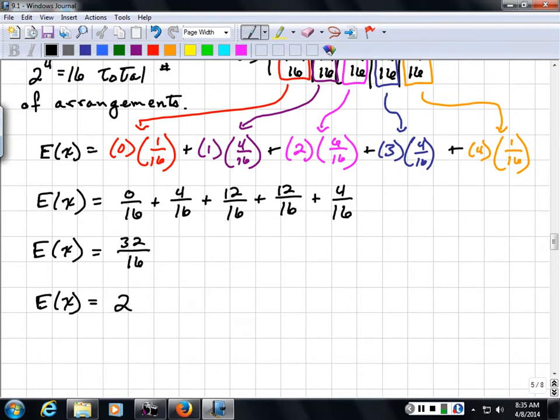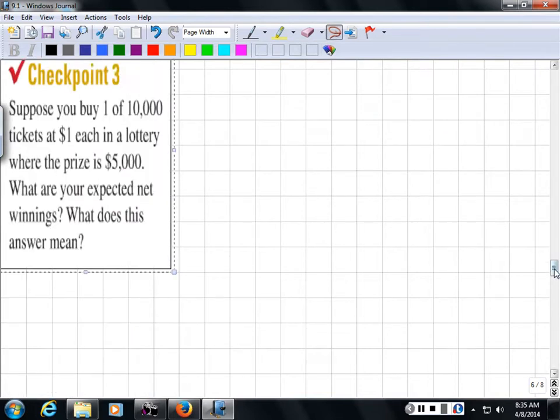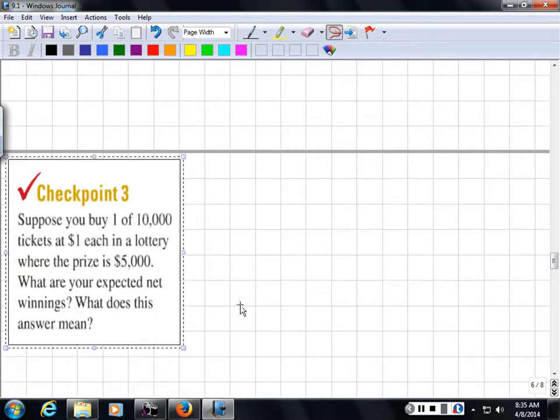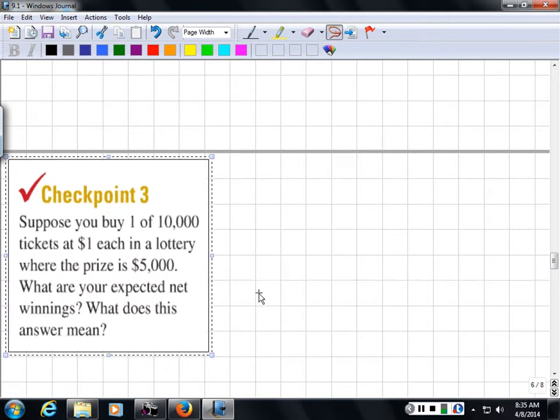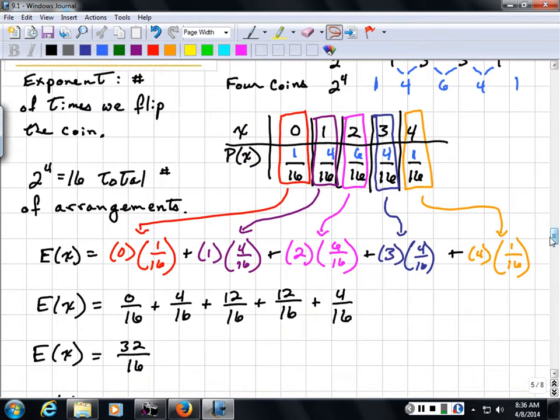Okay. Now let's talk about where this really is useful. You sure? Do I need to go over it again? Four plus 12 is 16. 12 plus 4 is 16. 16 plus 16 is 32.